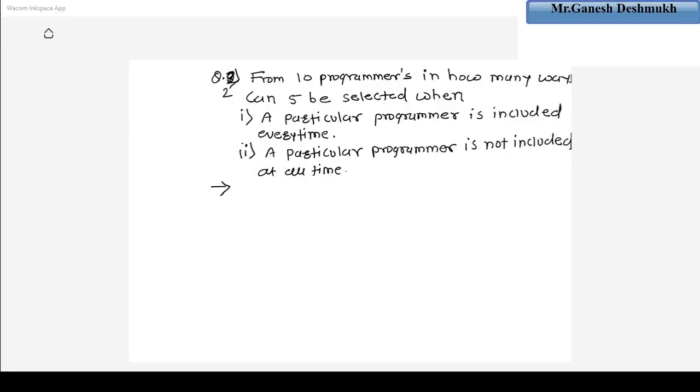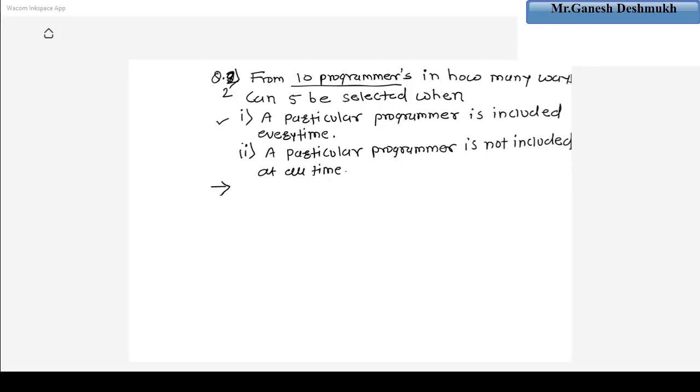Now the second question: from 10 programmers, in how many ways can 5 be selected when a particular programmer is included every time, and the second part says a particular programmer is not included at all. Now see the first part: from the 10 programmers in how many ways can 5 be selected?